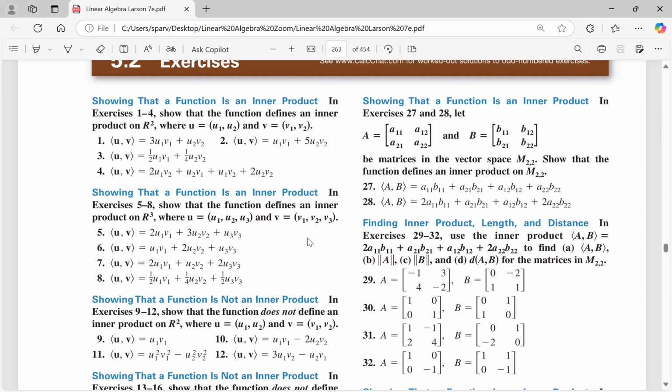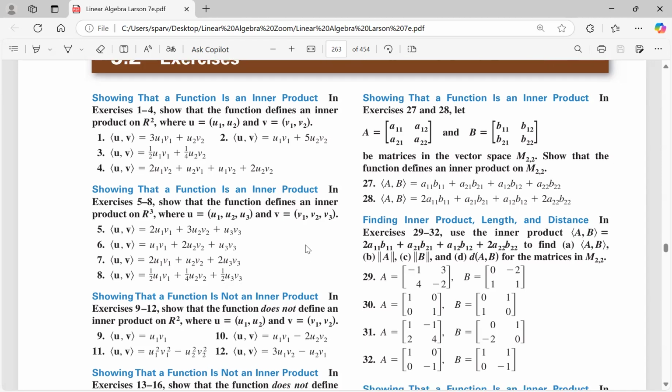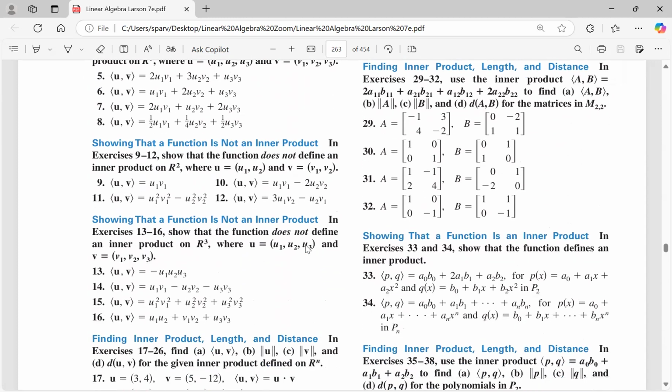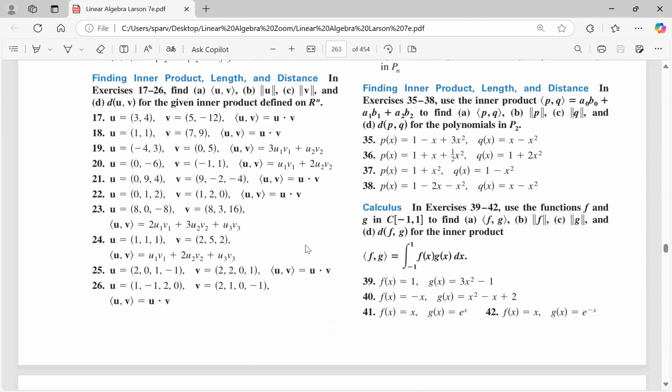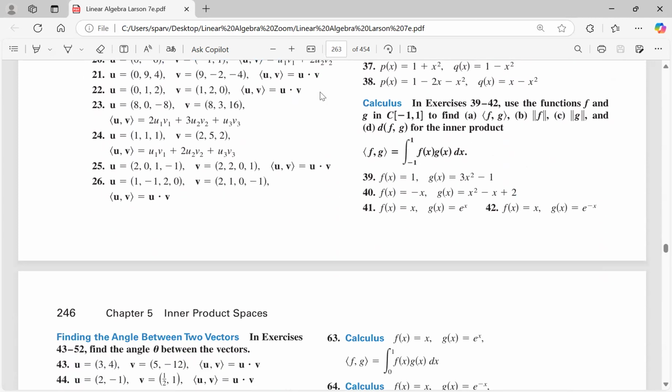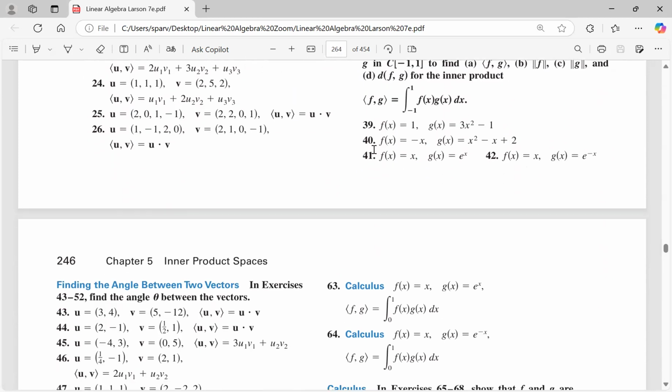For instance, how about something for distance between two functions? Or we can do angle between two vectors also. Let's look at a couple of these. Unless you have a specific one, folks, I'm going to go to something from calculus here, numbers 39 to 42.